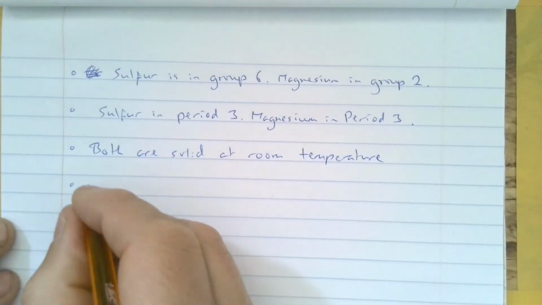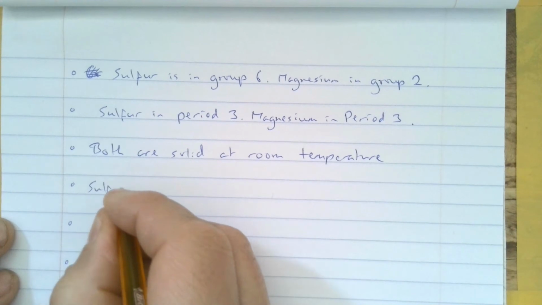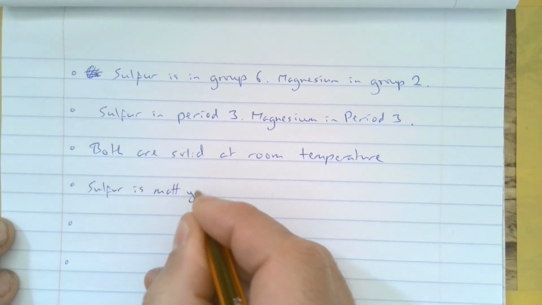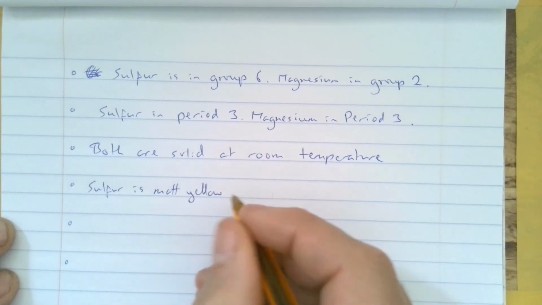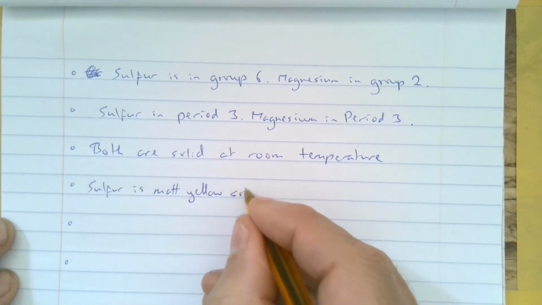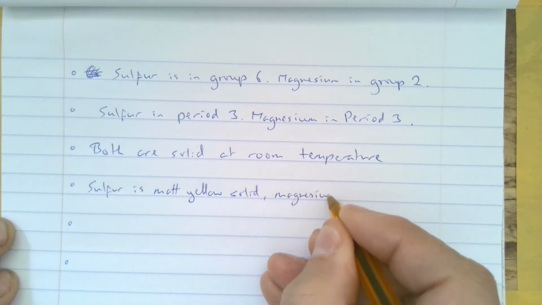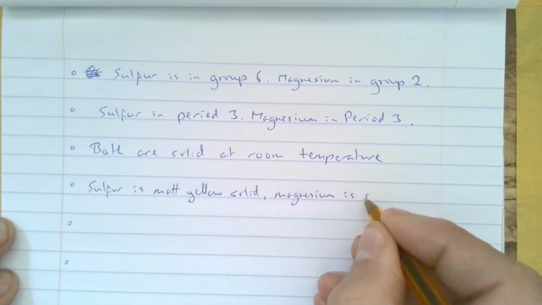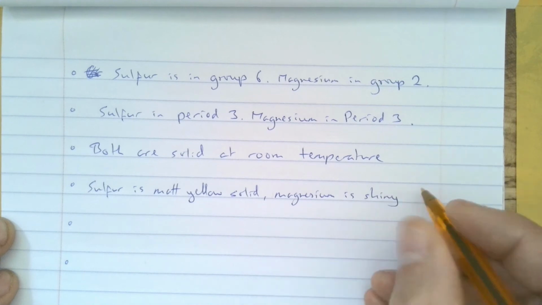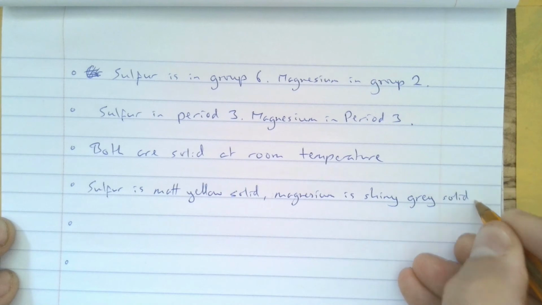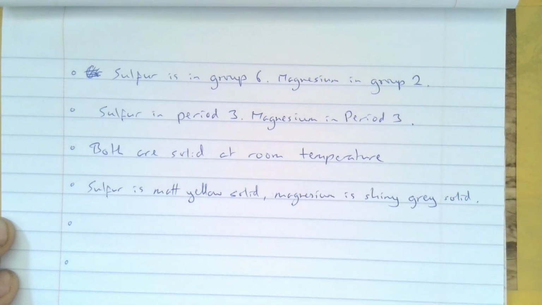So sulfur is a matte yellow solid. Remember, matte means not shiny. Magnesium is a shiny grey solid. What else?